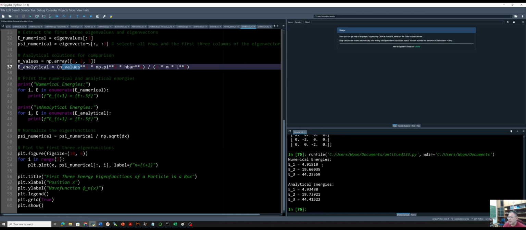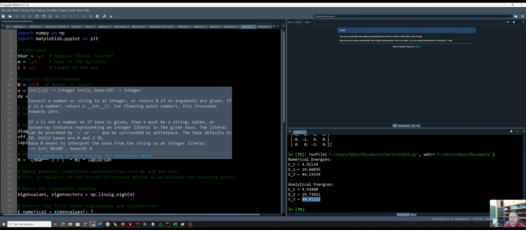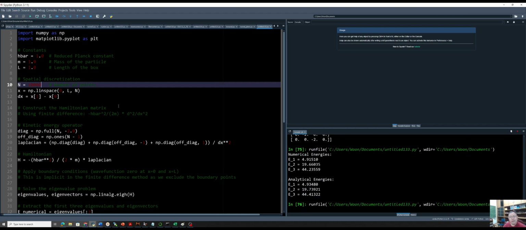So you can see that the numerical values obtained are quite close to the analytical ones. Of course, if I discretize with more than 1000 points, I can increase accuracy by 10 times, and my answer will be very close to the analytical value. Of course, it will take far longer to calculate.